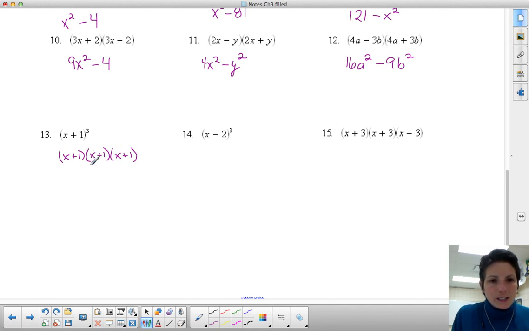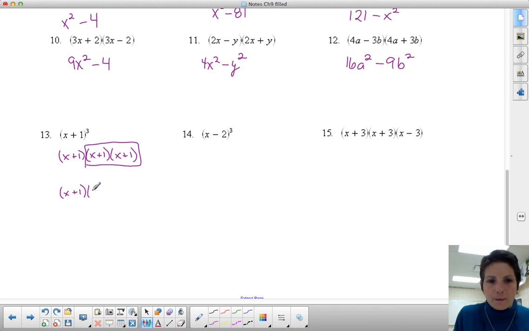Because of the way this works, we can multiply these 2 quantities together first. And look, they're exactly the same, so I can use my squared shortcut. I'm going to keep this first quantity as x plus 1. And for the second quantity, I'm going to apply my shortcut.